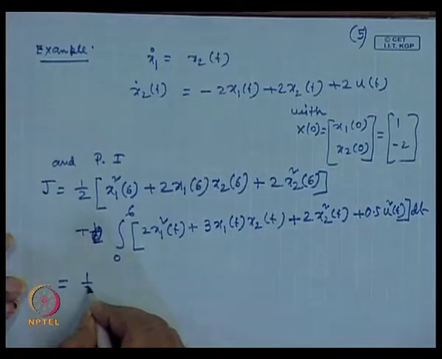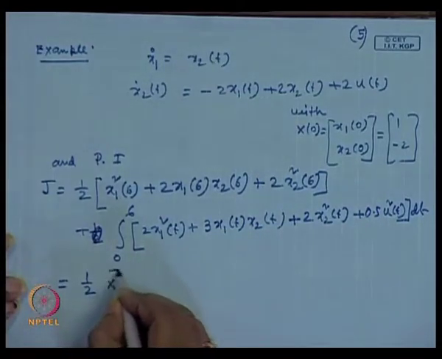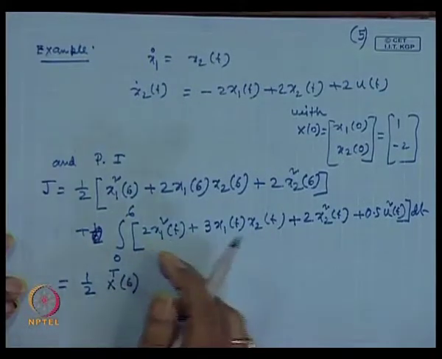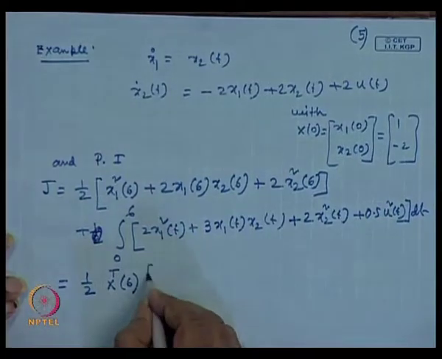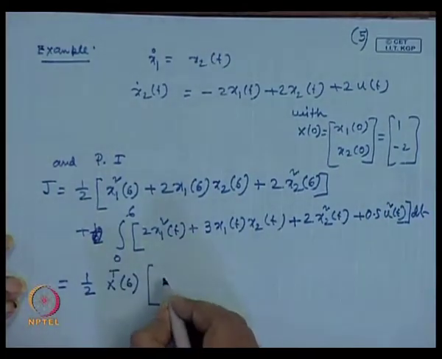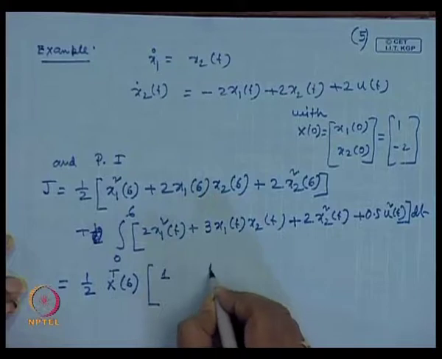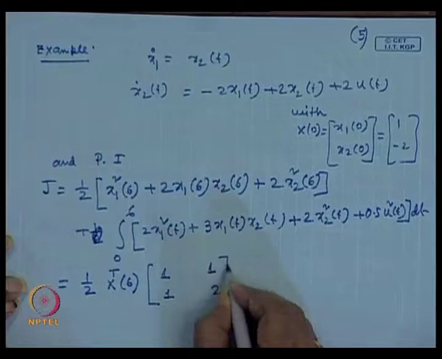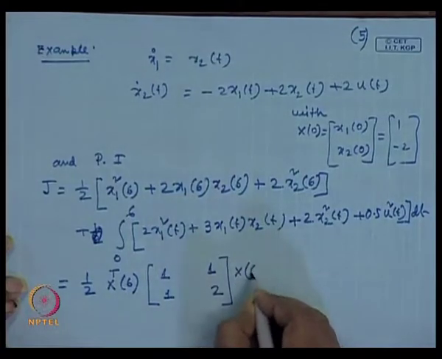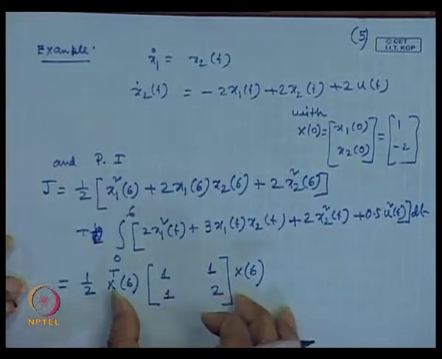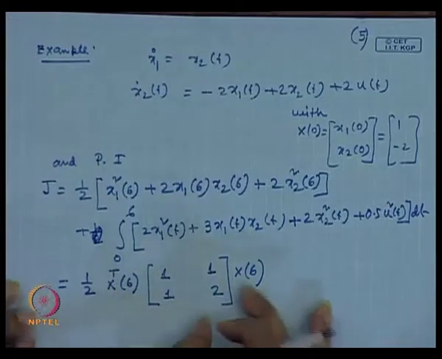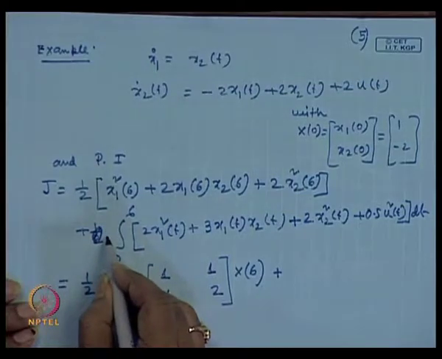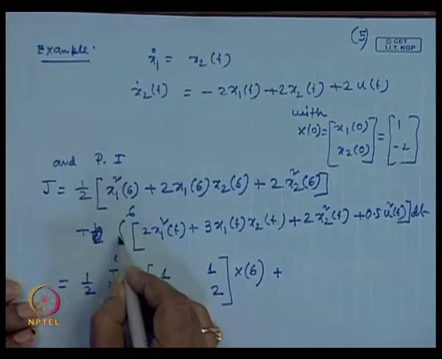So, we can write it in short compact form: x transpose, x has two components x 1 and x 2. If you see this one, we can write it as 1, 1, 1 and 2, times x of 6. This is written in quadratic form x transpose P x, plus, as I told you, multiplied by half, that is divided by 2 and multiplied by 2.